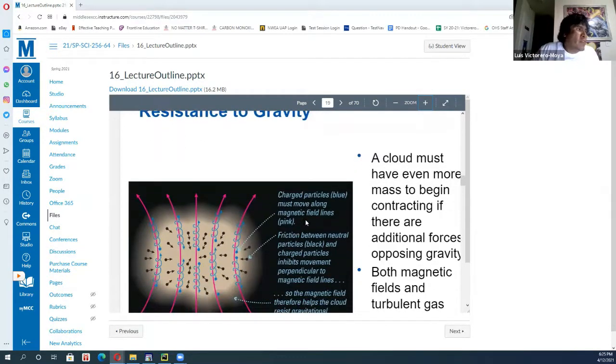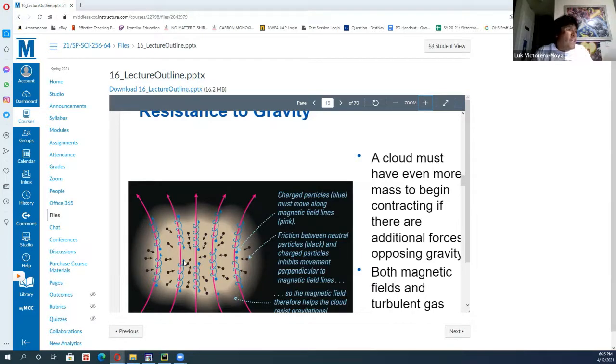Another resistance to gravity can be other forces acting on the cloud, because you have thermal radiation and you have random motion of atoms. We know from physics 1 or physics 2 that there can be magnetic fields being produced, right? These magnetic fields allow charges to move along the blue lines, like in a spiral move, because there's also an electric force in there.